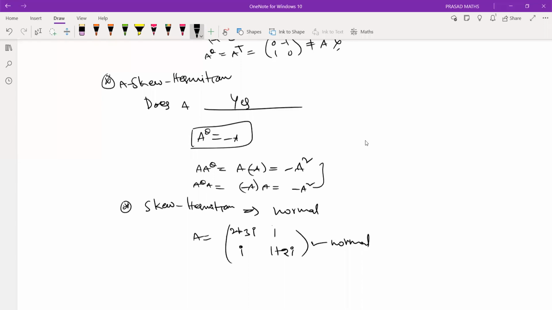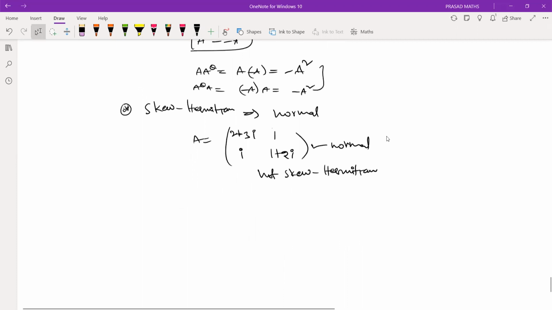But these are not. So it is not skew Hermitian. So the converse in general is not true.